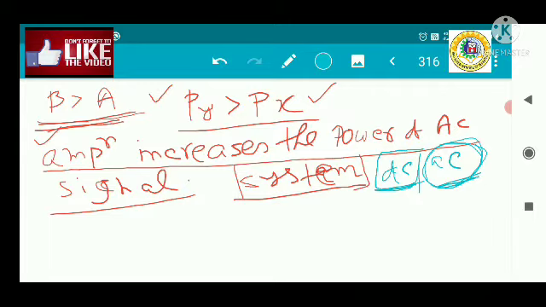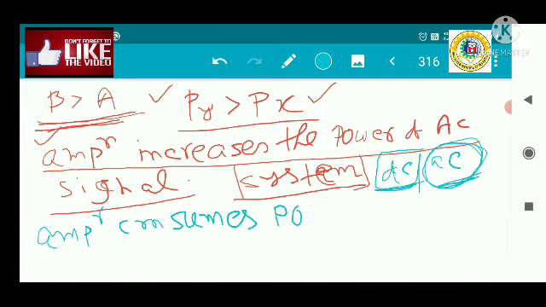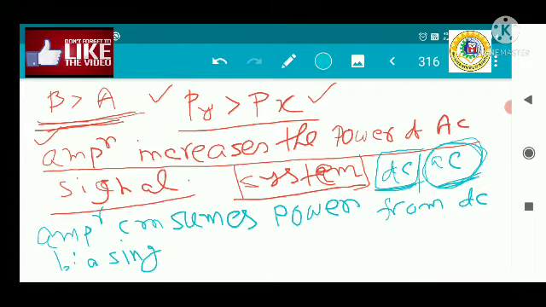So amplifier consumes power from the DC biasing. Amplifier consumes power from the DC biasing and supplies some fraction of power to the input AC signal.